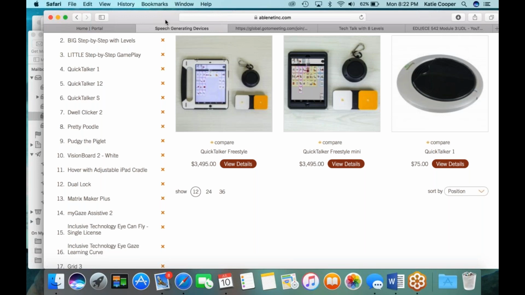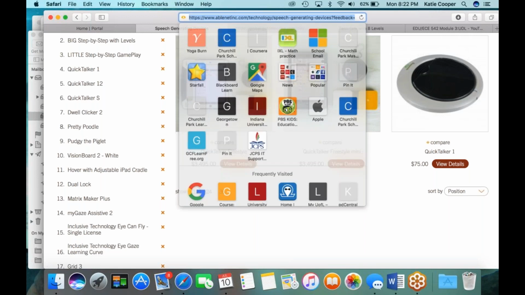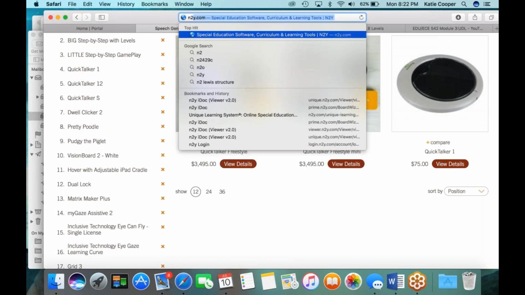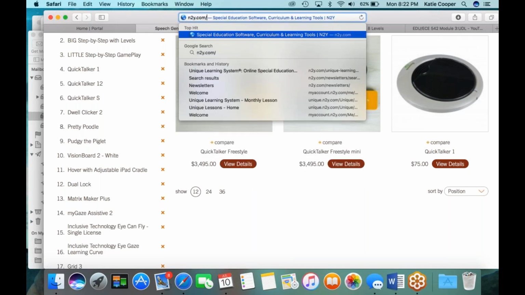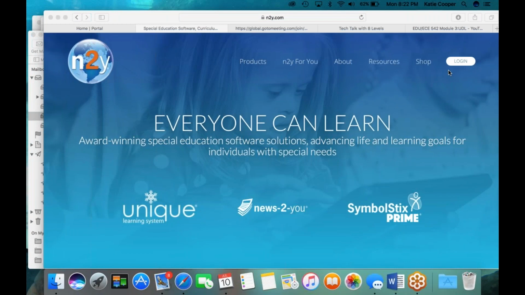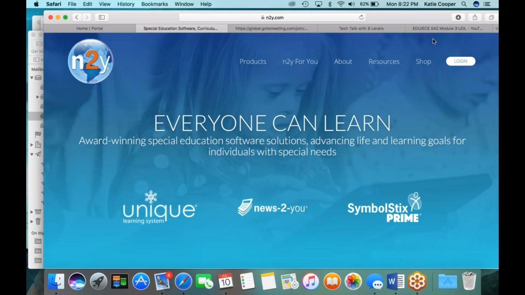Have you guys ever seen Boardmaker or SymbolStix or anything like that for a picture library? All right. So I don't have Boardmaker on my computer, but I do have SymbolStix, so I'm going to log into that to show you guys.